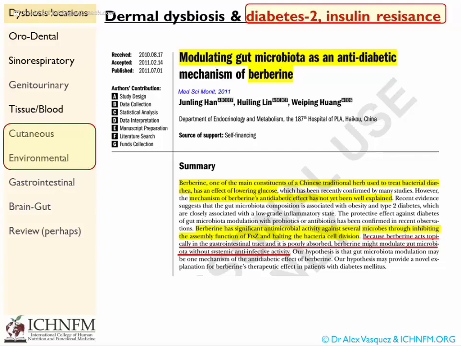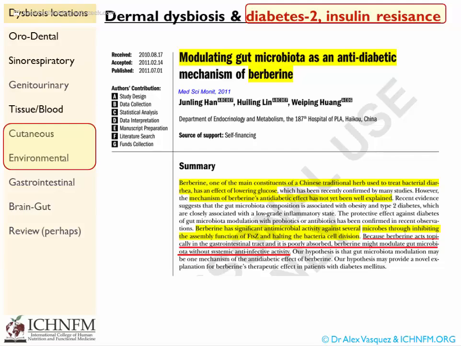One is you get the connection between gut dysbiosis and insulin resistance and diabetes, and you also get to see that berberine is substantiated as a treatment for diabetes, specifically per this article, by modulating gut bacteria. So in summary, berberine is very effective for the treatment of diabetes. The typical dose is 500 milligrams 2 to 3 times per day up to 3 months, according to the studies that have been published.